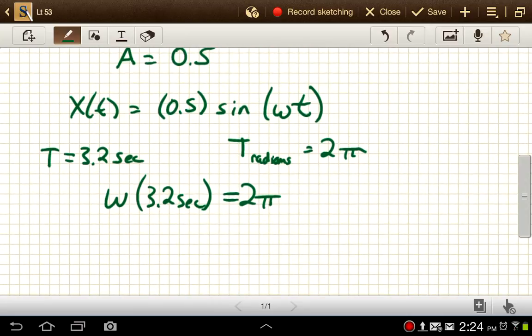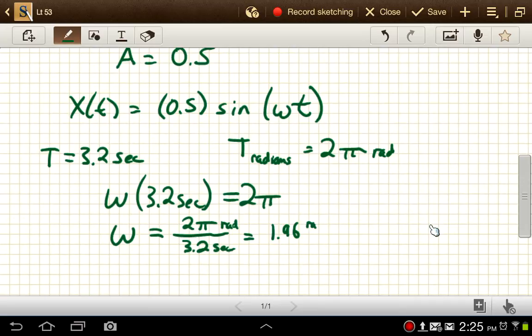So omega is just going to be equal to 2 pi over 3.2 seconds, or as a decimal, 1.96, with radians up top and seconds on bottom. So that's radians per second.